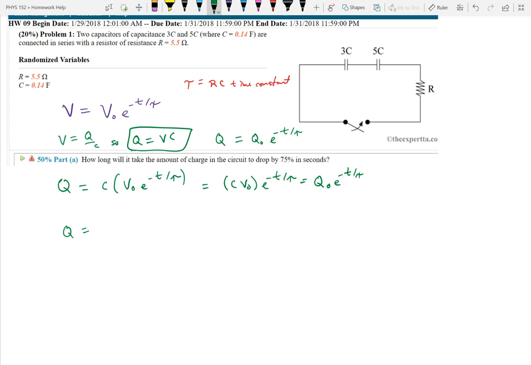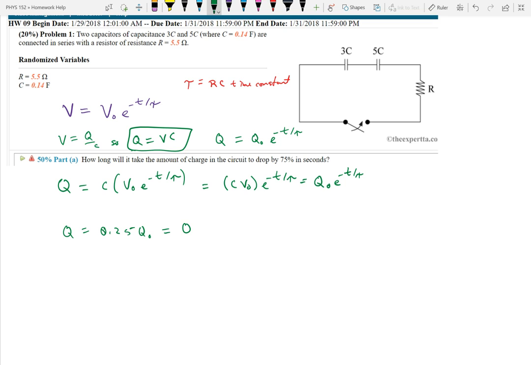If I start with $100 and I lose 75% of my money, how much do I have left? $25. So that means I'm going to have 0.25 Q initial left.